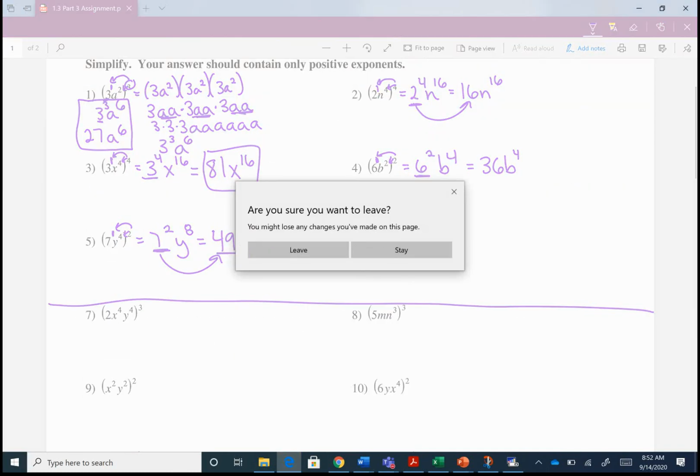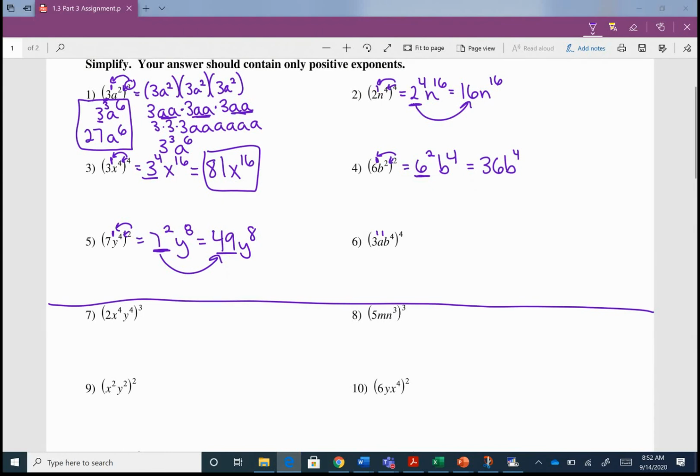Then the last one that I asked you to try was number 6. Number 6 can be a little tricky. If you look at mine up here, notice the 3 has a 1 exponent and so does the a. Some of us missed it on the a. So we have 3 to the 4th, a to the 4th, b to the 16th.